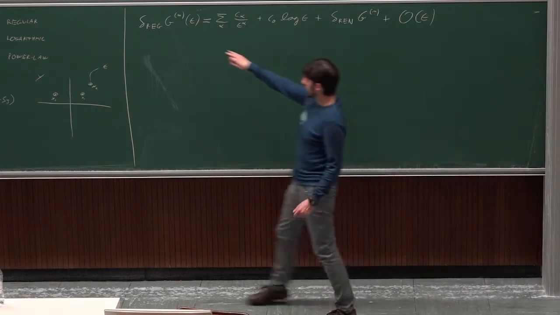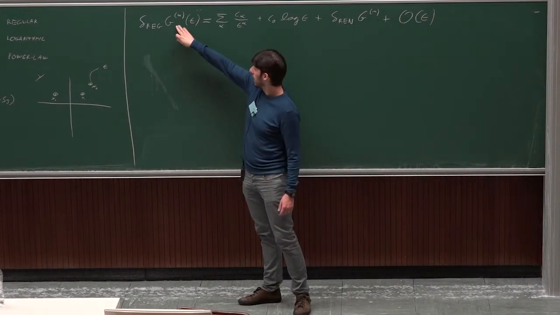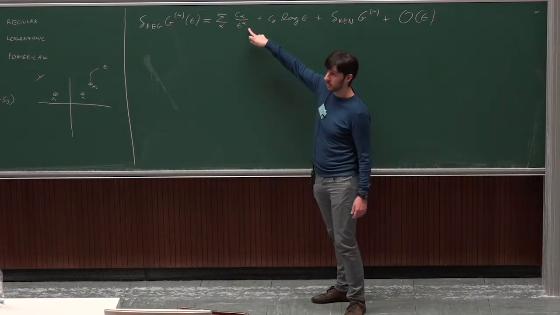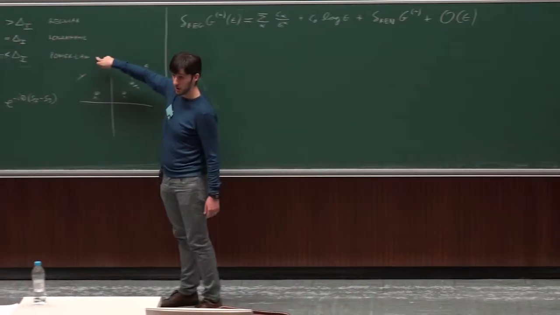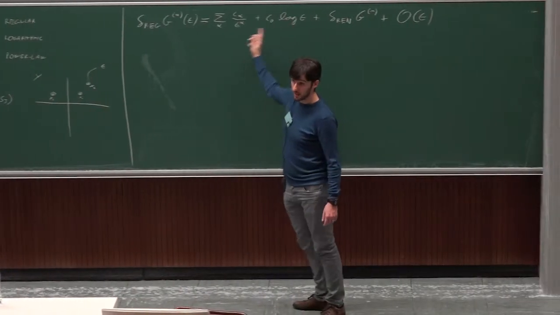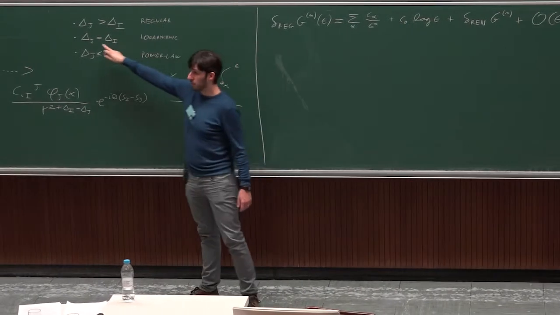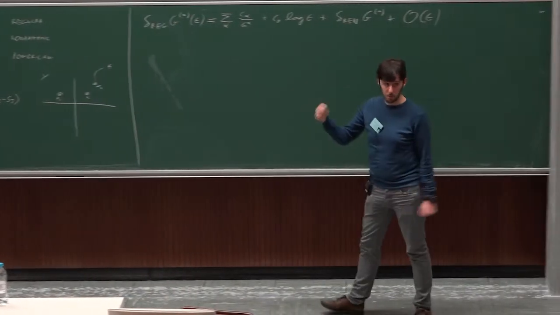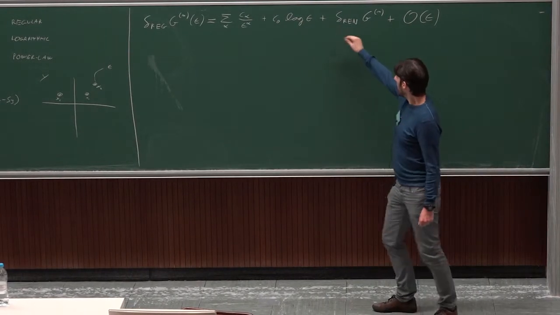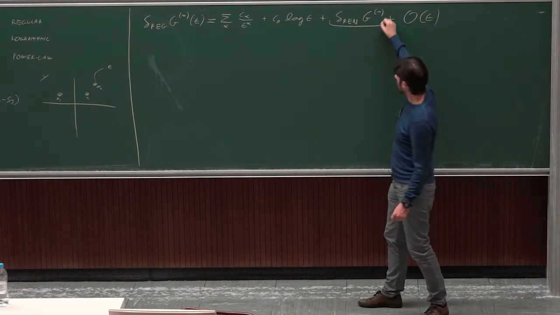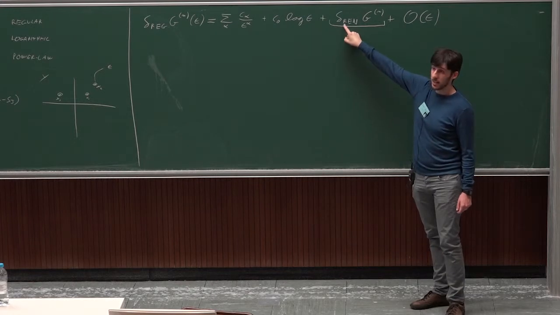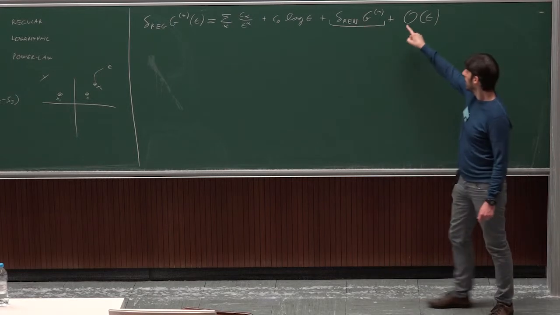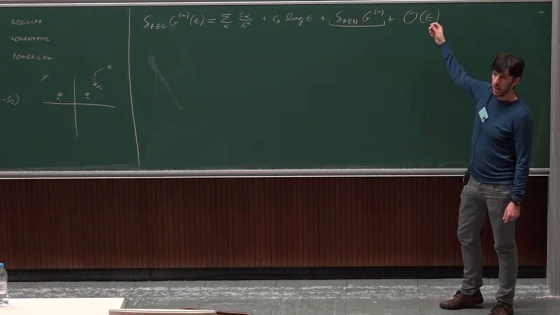I expanded this regularized correlation function in powers of epsilon. So I had inverse powers corresponding to the power law divergences. I had possible logarithmic singularities if I have operators in the spectrum, degeneracies, or even the operator itself popping up in the OPE. And then I have a finite piece, which I conveniently called delta ren, from renormalized, of G of n. And then I have terms that vanish with epsilon.